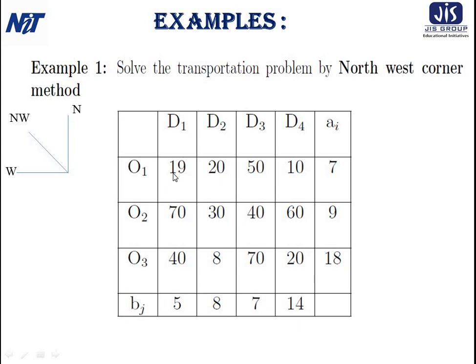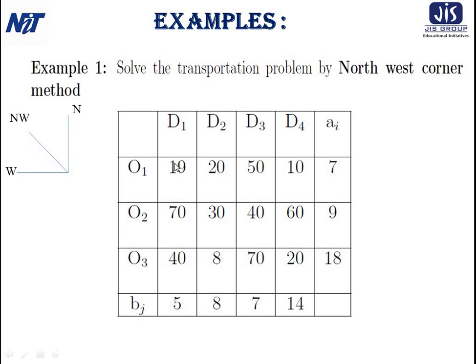Then, according to the fulfillment of the origin requirement or destination requirement, the next northwest corner cell will be chosen. So, what is the corresponding available unit of this cell? The corresponding available unit is 7, because this cell is in the O1 origin.